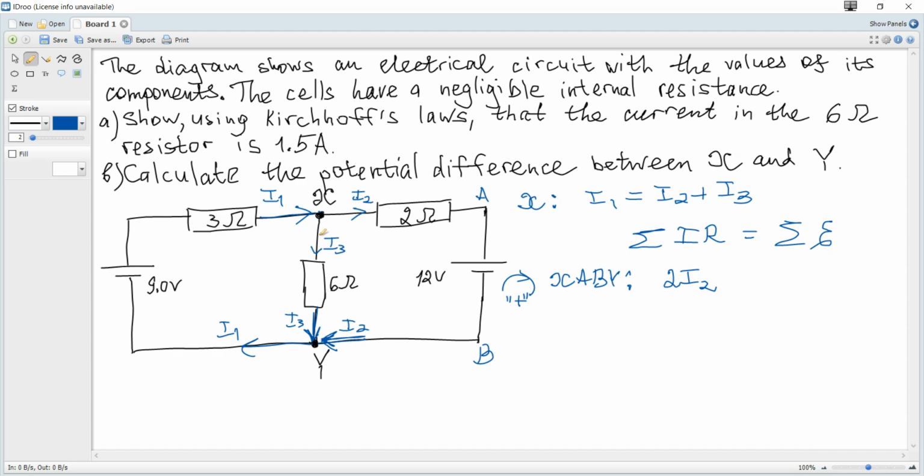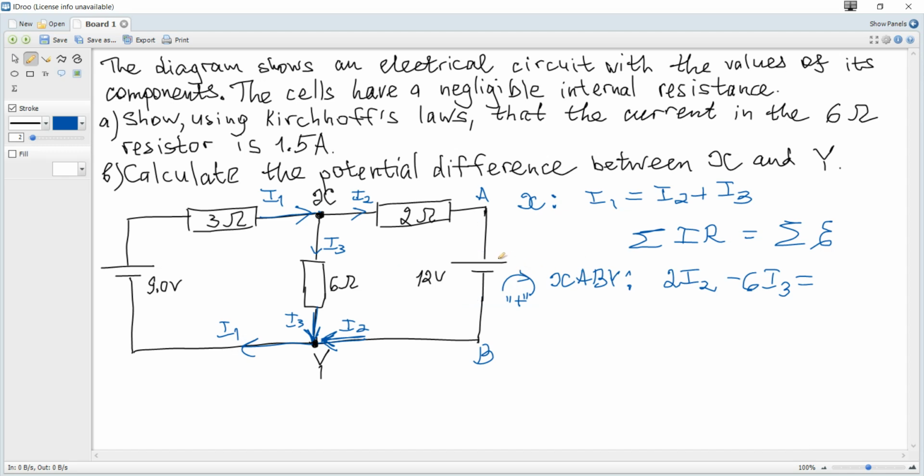We can see that I3 is in anti-clockwise direction, so it must be minus 6 multiplied by I3, is equal to, considering EMFs, there is only one cell, this one.